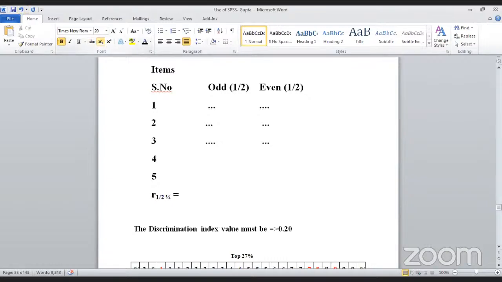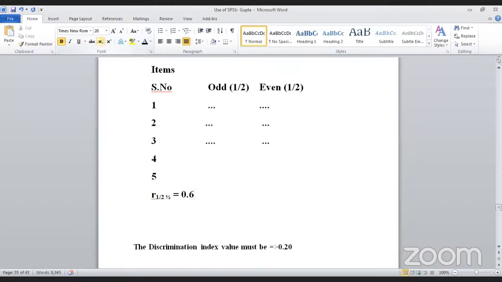Now, once you know this is the correlation between half of the tool with the other half of the tool, and suppose this correlation is 0.6, now you have to find out the reliability of the whole tool. This will be the reliability of the half of the tool.